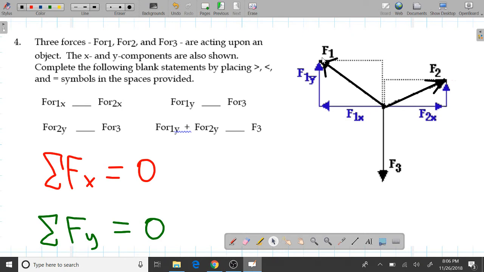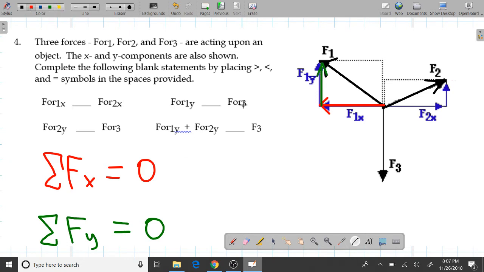They split this single force up into its x component and its y component. So the force 1 acting in the x direction looks something like that. It's pulling to the right at the same time that it's pulling up, so it's also acting in the y direction like that.